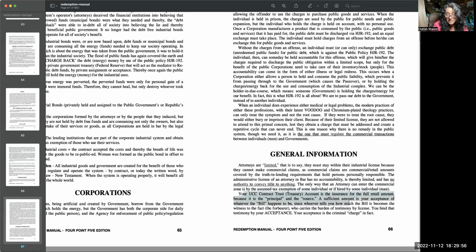A sufficient amount is your acceptance of whatever the bill happens to be, since whoever tells you how much the bill is becomes the witness to the fact, the forebearer, who carries the burden of testimony by license. You bind that testimony by your acceptance. Your acceptance is the criminal charge, in fact.